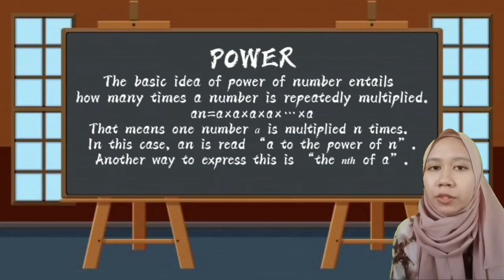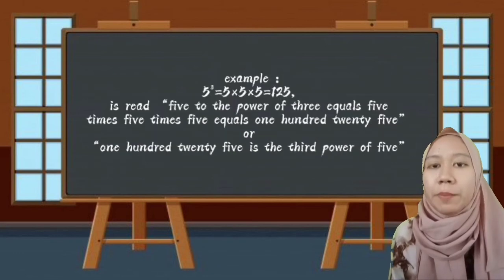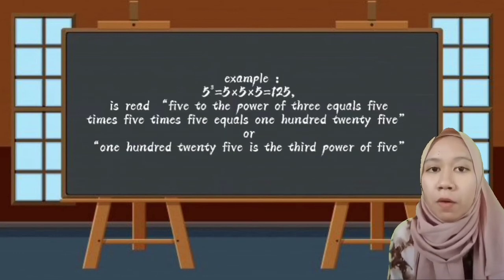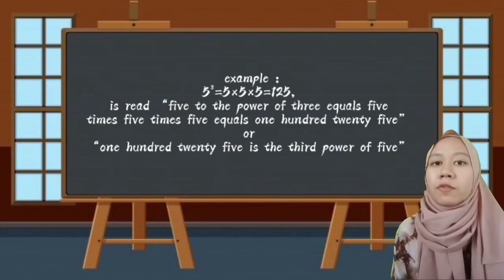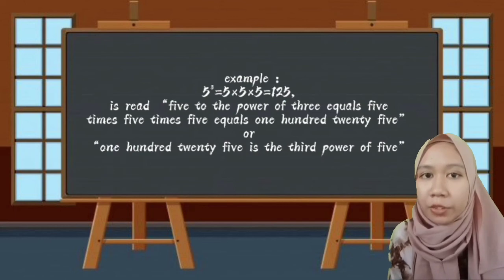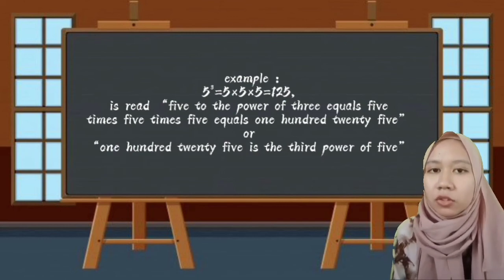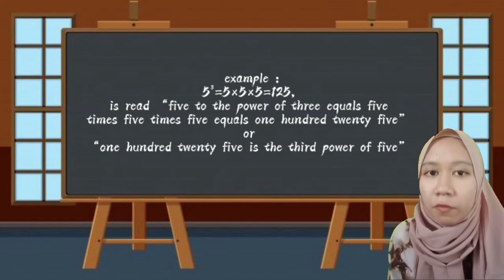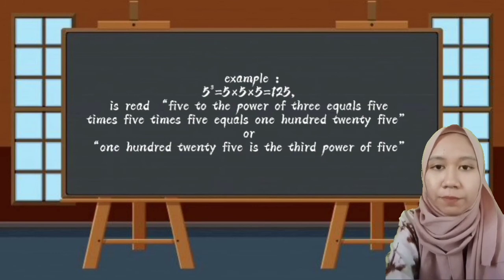Another way to express this is the nth power of A. Example, 5 to the power of 3 equals 5 times 5 times 5 equals 125, or 125 is the third power of 5. And that's my explanation.